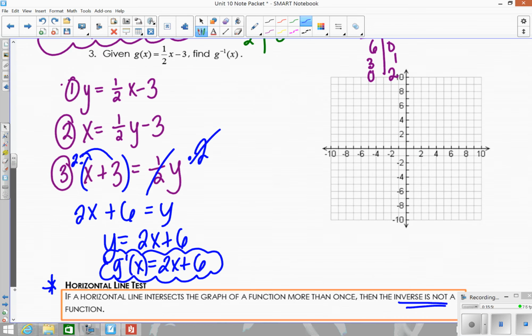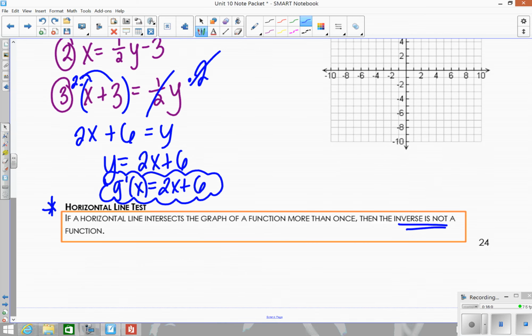So for example, a scenario where this wouldn't work would be if you have an absolute value function or a parabola. If I had any parabola and I drew a horizontal line through there, it's going to hit in more than one spot. So the inverse of a parabola or a quadratic will never be a function.